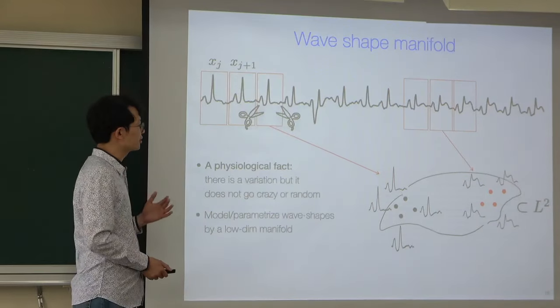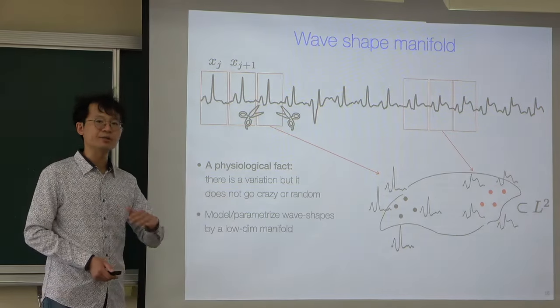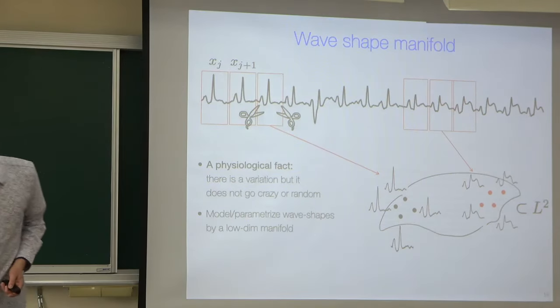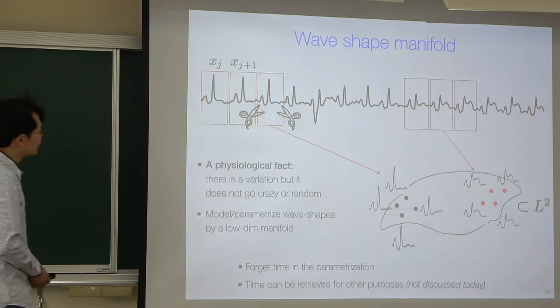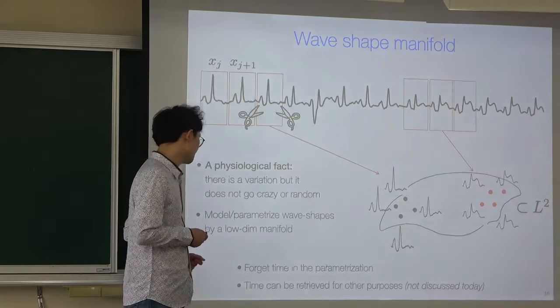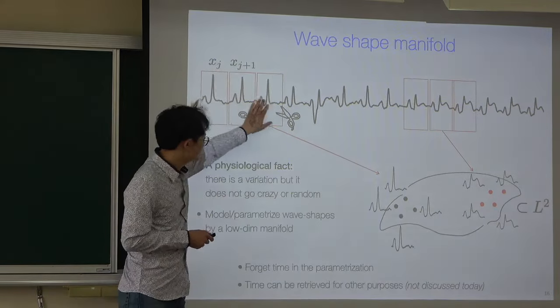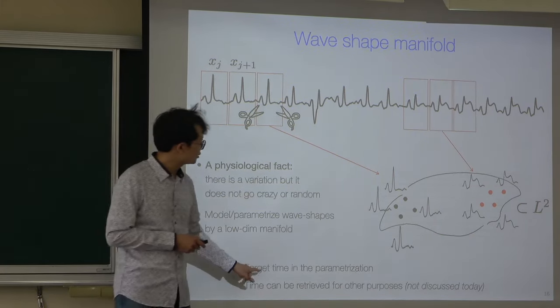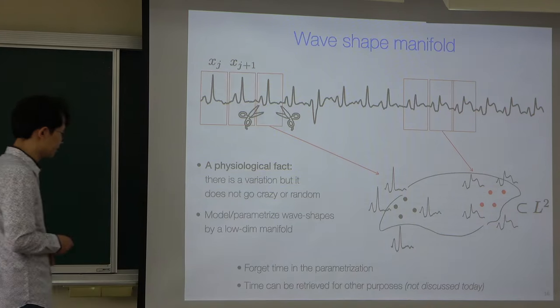It can be very, very complicated, and we can dig into it and better study what's really going on. And in this parameterization, you see that the temporal relationship actually is forgotten, but it will be taken into account to study the dynamics in a bit.